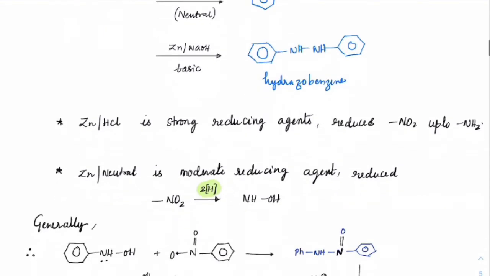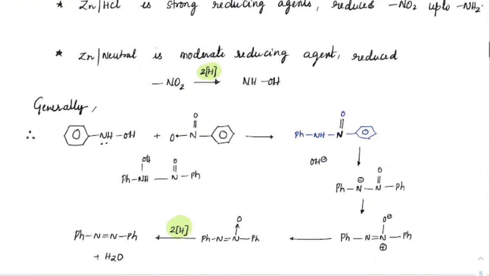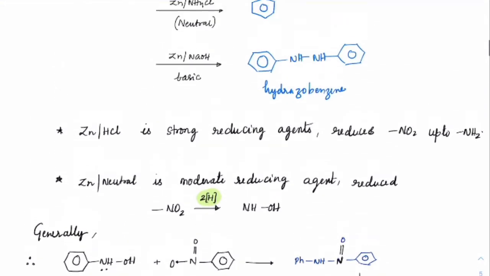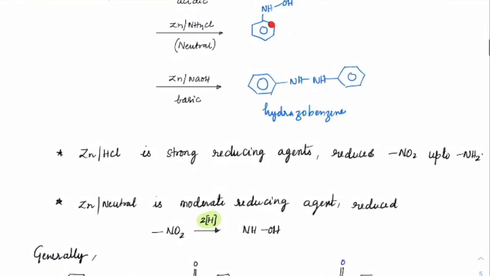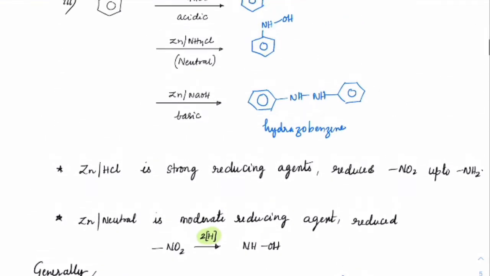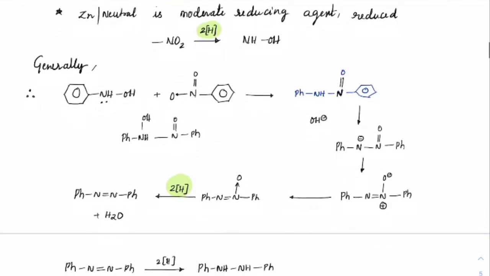So if you see generally how the reaction is taking place, after the formation of NHOH, what happens further in this reaction? After NHOH, in basic medium, it is further going to hydrazobenzene formation. Let's see how that happens here.